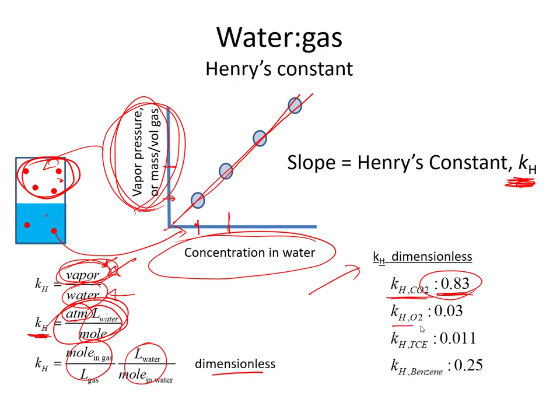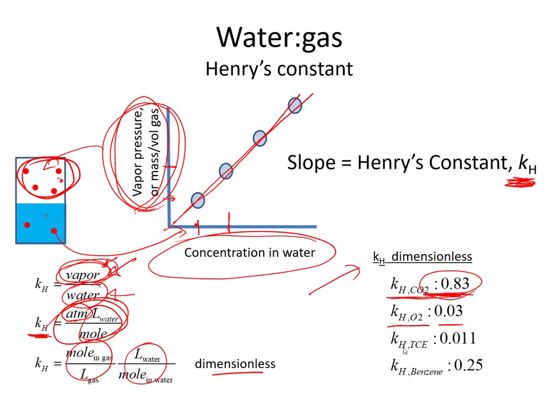Here's another comparison. This is oxygen. So there's oxygen in the atmosphere and in the water, and this ratio is given here. You can see that on a per mole basis, the concentration in the vapor is low compared to the concentration in the water, particularly if we compare it to CO2.